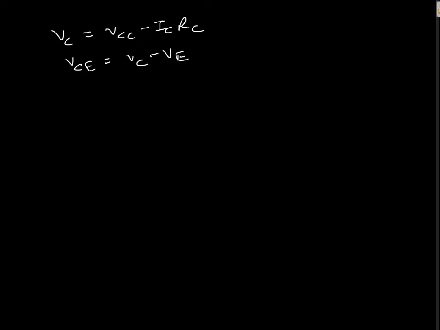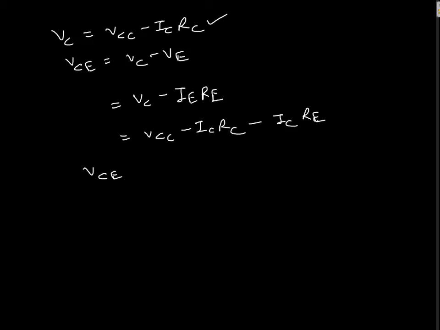Or this one, VC minus VE, we can write as IERE. This VC we can write as VCC minus ICRC from here, minus IE, which we can write as IC, so IC times RE.